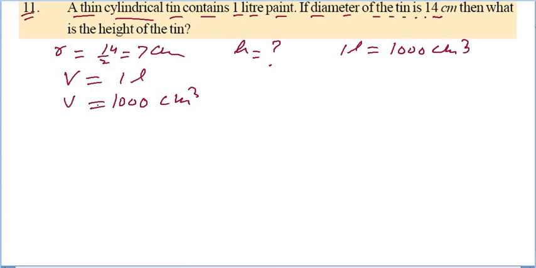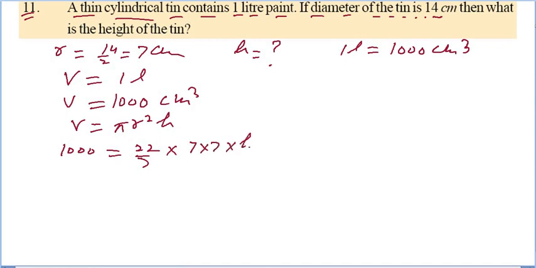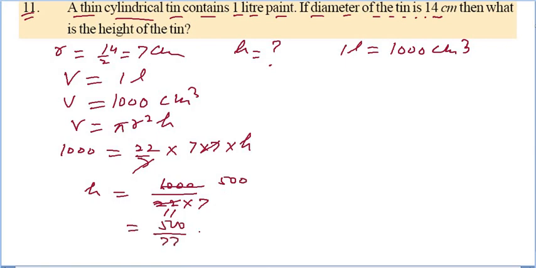Now volume is given, so we can apply the formula. V is equal to pi r square h. Now volume is given as 1000, pi is 22 upon 7 and r is given as 7. So 7 into 7 and h, we want to find the h. So 7 cancel with 7. So h will be equal to 1000 divided by 22 into 7. So what will be happen? It will be 11 and 2 5 ja, so 500. 500 upon 77.